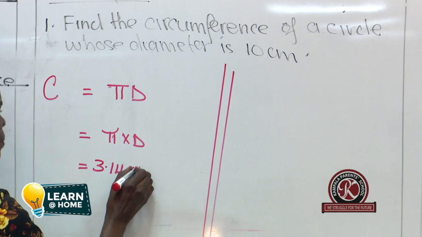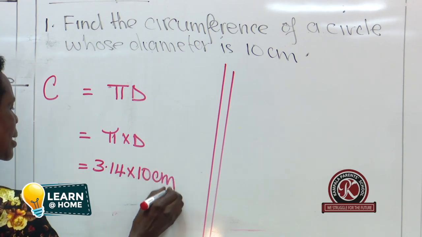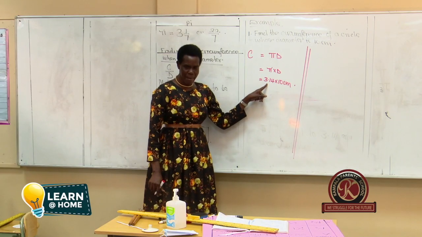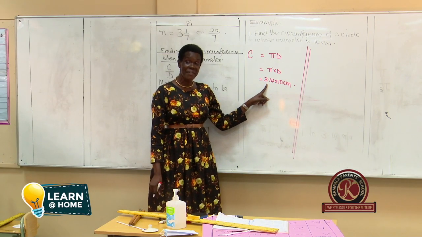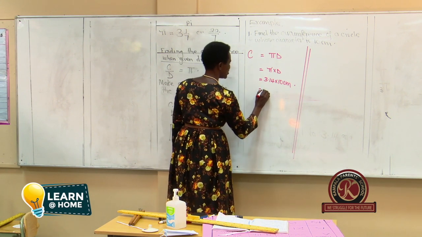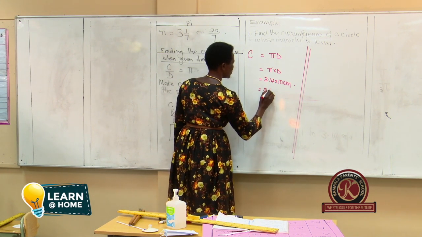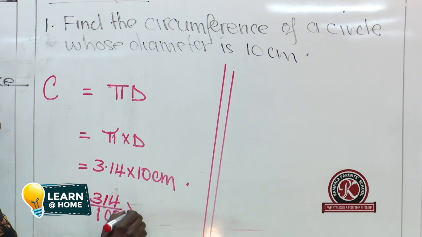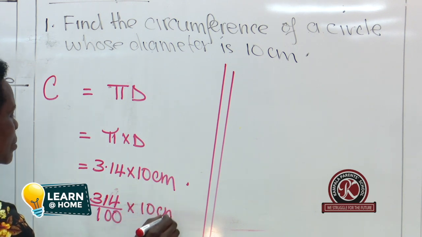0.14 times 10 centimeters. When you get a decimal number, write that decimal number as a fraction to simplify your work. So we are going to say 314 out of 100 times 10 centimeters.